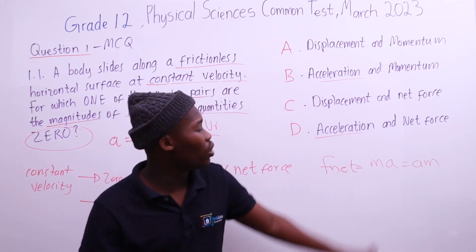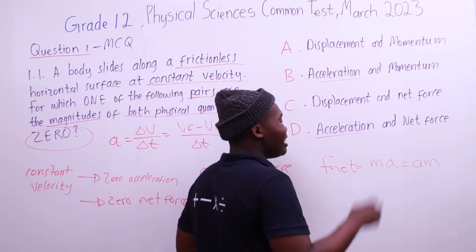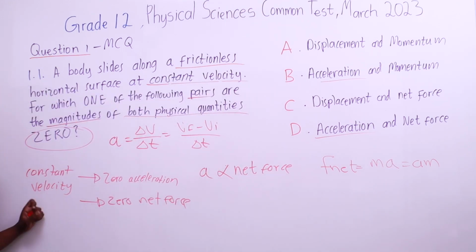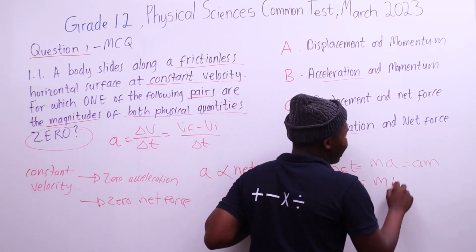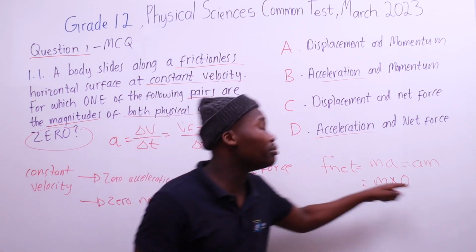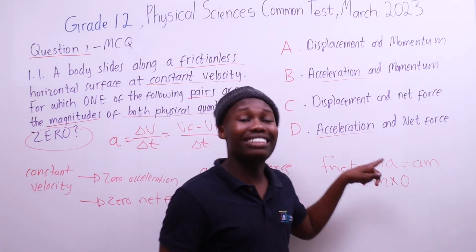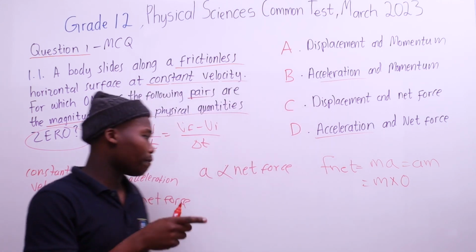So MA is the same as AM, it is how you express it. But we know that because of constant velocity, the acceleration is 0. It means it is now mass multiplied by 0. It is not MA now, it is M times 0. Why is A 0? Because it travels at constant velocity. Alright, look.